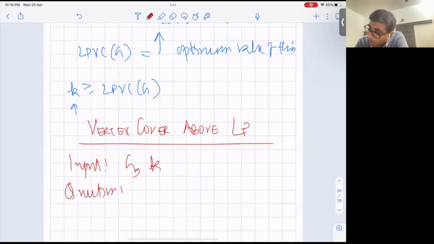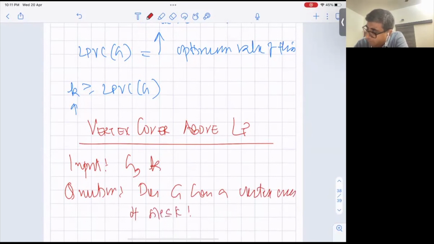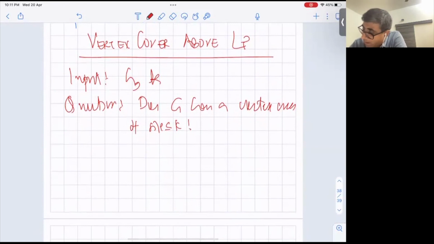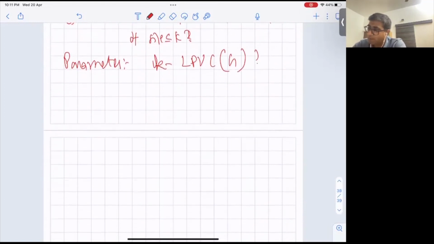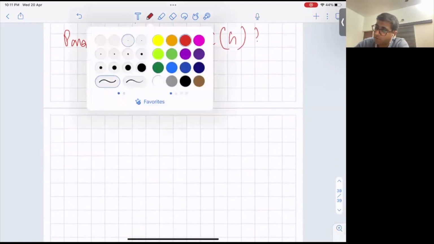The question is, does G have a vertex cover of size at most k? But what is my parameter? That is the most interesting thing. So the running time you must measure in terms of k minus the linear programming vertex cover relaxation of G. That is my running time. Okay, let's see my observation one.